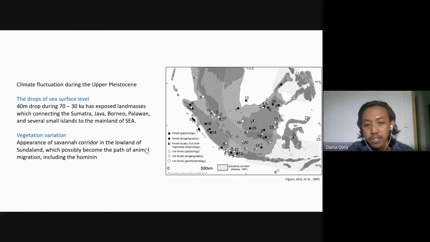This hypothesis is supported by several data, for example, palaeontological data recovered from the Malay Peninsula, and then from some part of the Java Sea and from Borneo and Java Island.